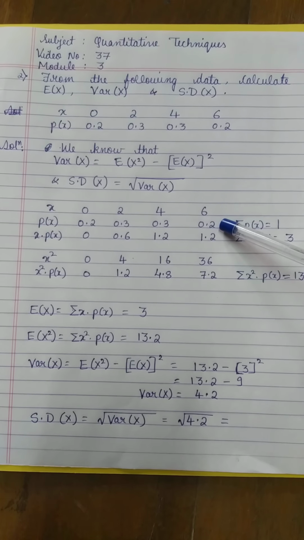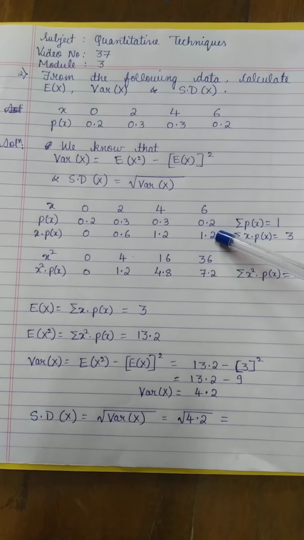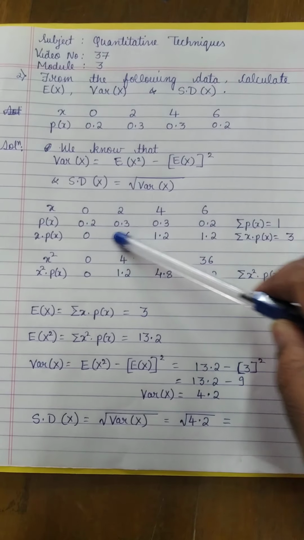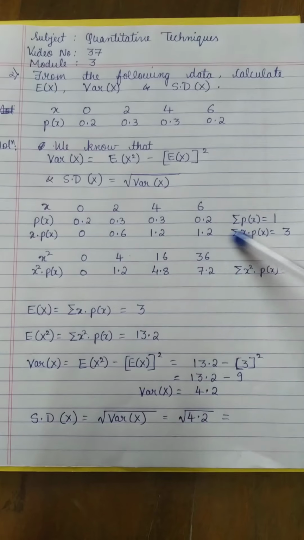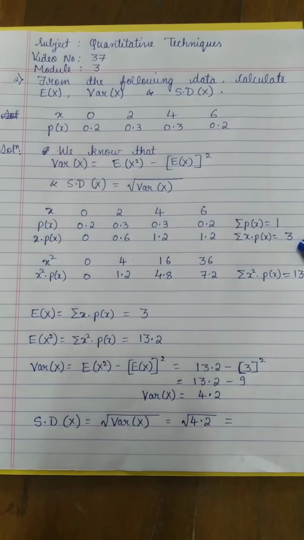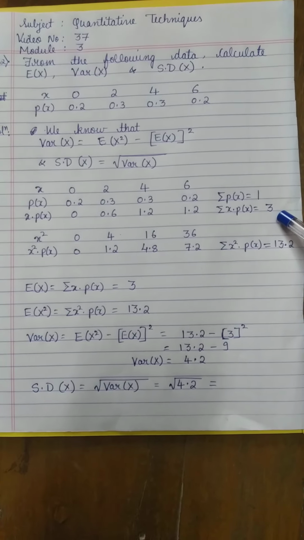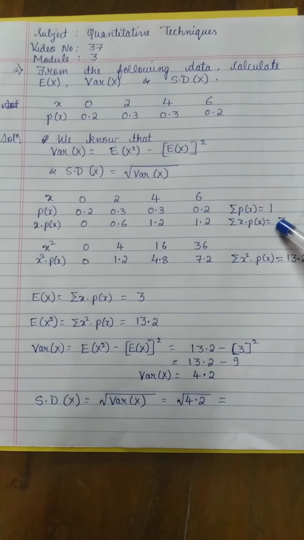And 6 into 0.2 is 1.2. Then add up all this. You will get summation of x into p of x, that is nothing but 3. Once you get this value, you have got E of x.